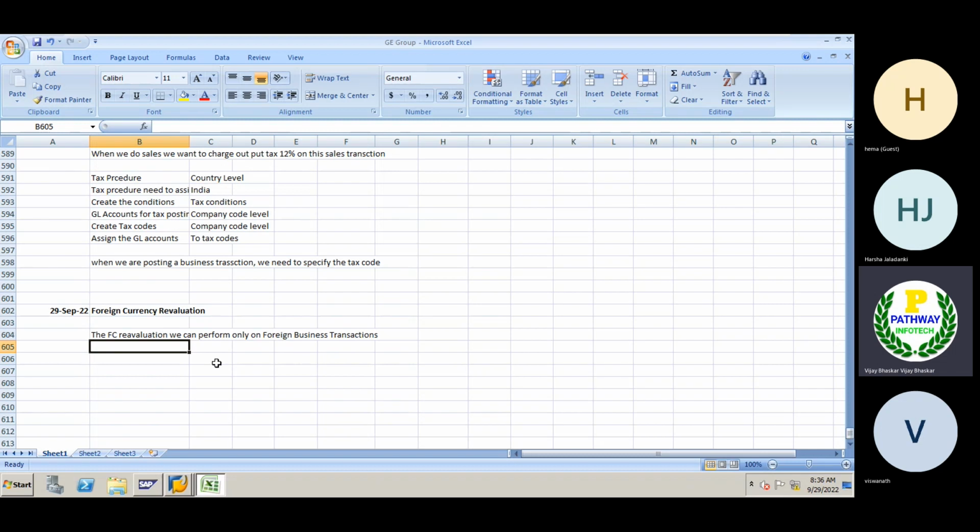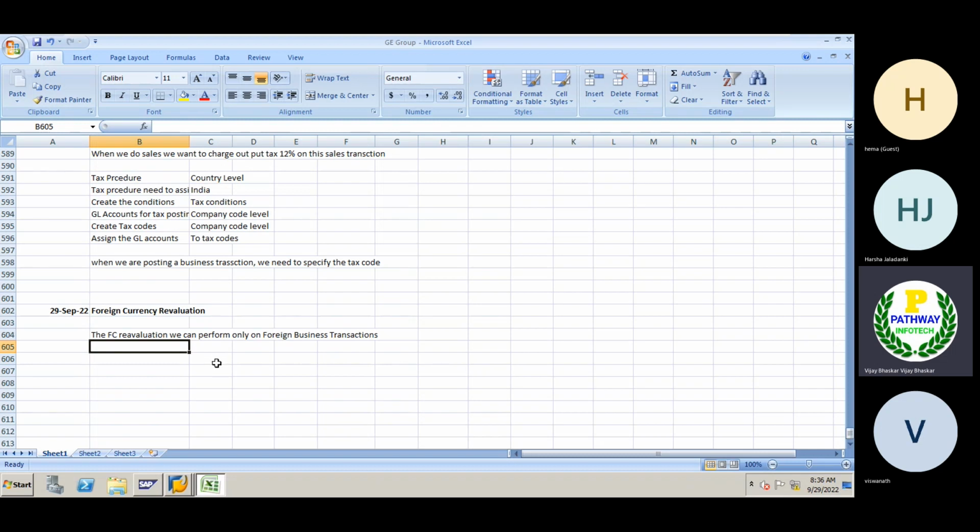Now we are in India, so business transactions posted in INR, in Indian rupees, will not have the foreign currency revaluation applied. Only the transactions posted in a currency other than the local currency, other than Indian rupees, need the foreign currency revaluation to be run.